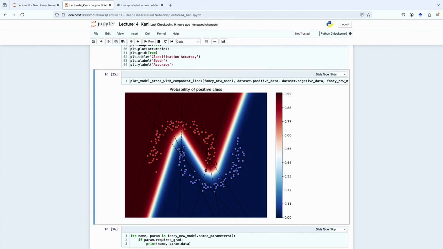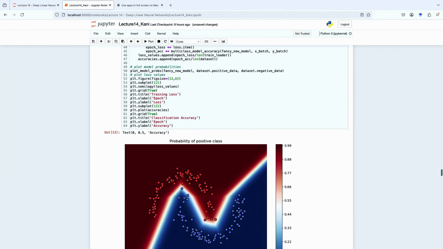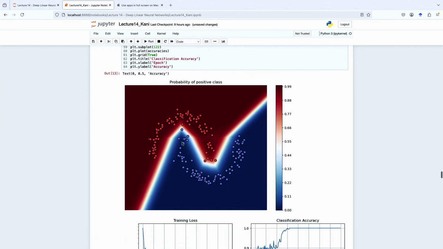And so we get a function that looks like so, okay? Which looks pretty good, actually. It is a nice curved barrier, and it curves around the classes, okay? Whereas before we had a single straight line, now we're effectively getting multiple straight lines, okay?